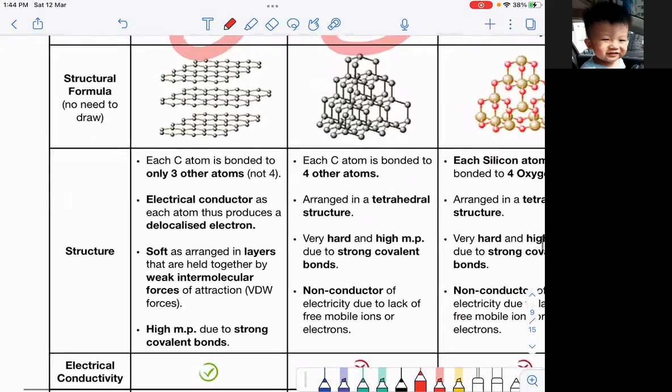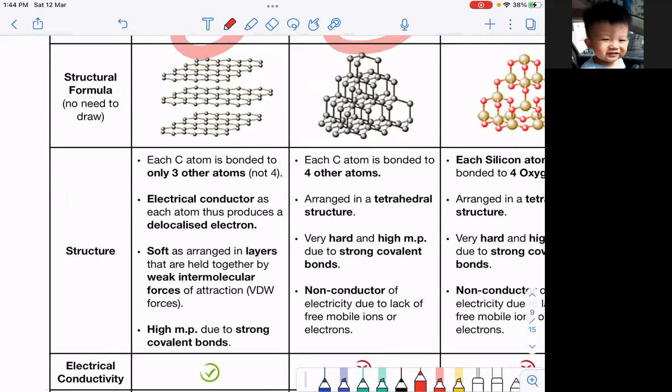Now, the structure, unfortunately, pure science, you all better memorize this. Okay, it's difficult. We go through diamond first. Diamond we talked about already. Each carbon is bonded to 4 other carbons, right? And it just goes on forever. Because each carbon is fully occupied, there's the word tetrahedral, also to be memorized. Tetrahedral means 4-sided.